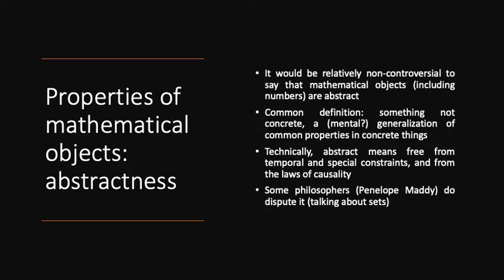As I said, I think this is pretty non-controversial. I think most of us would agree that numbers are abstract. The opposite view feels really counterintuitive, because if numbers are not abstract, that means they would have to be concrete. And if they have to be concrete, it means you should be able to point at number 1 or number 2 or number 10. And you don't find those things in the world.